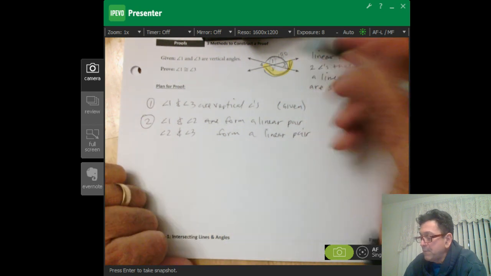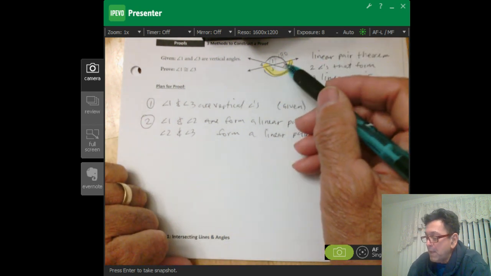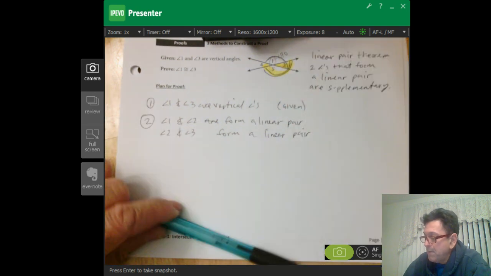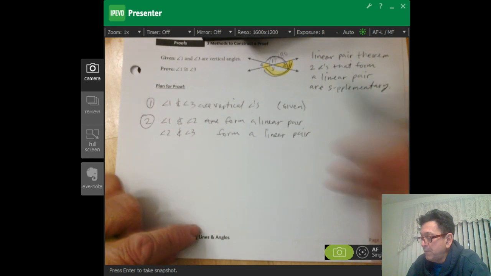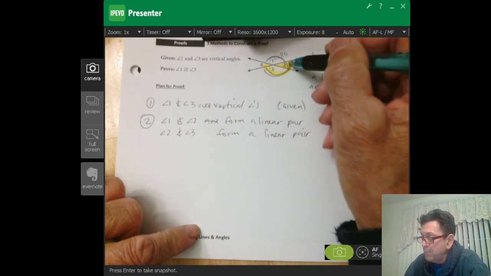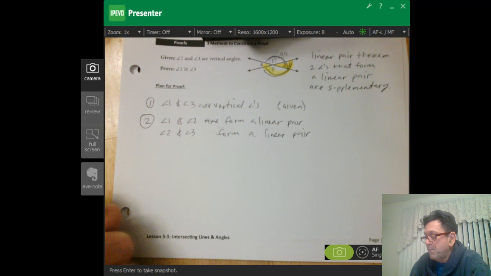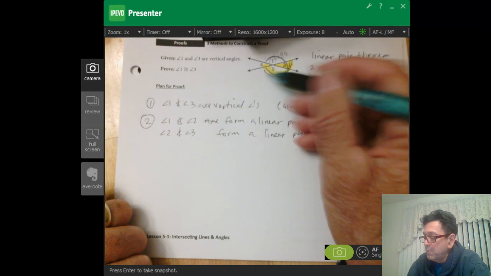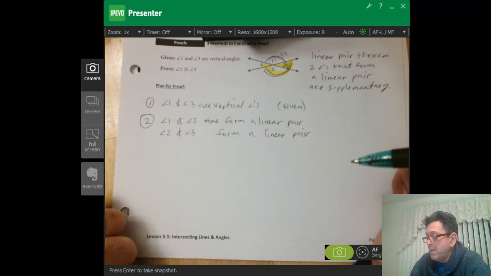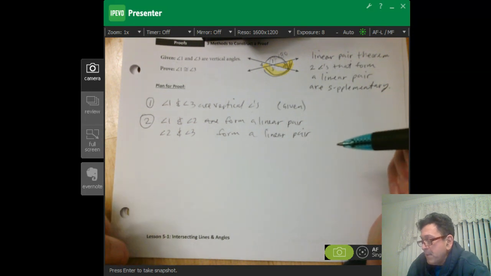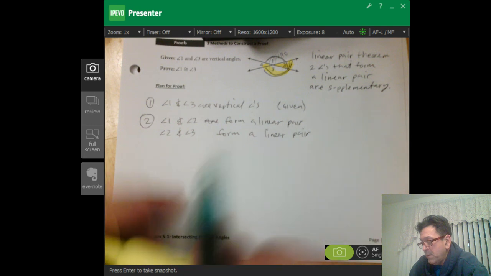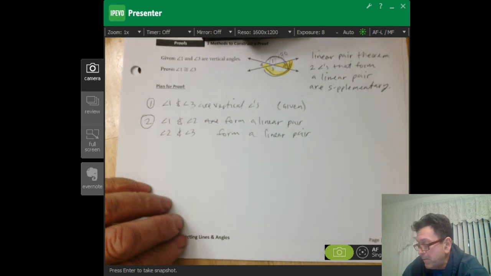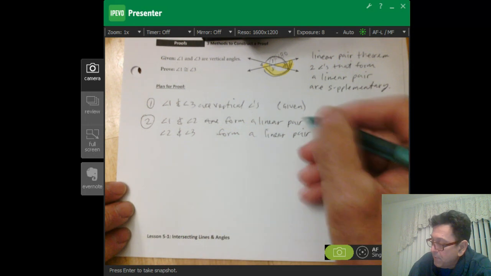And the significant part about this is that they overlap, so that angle 2 is shared by both of these linear pairs. It's in this linear pair, and it's also part of this linear pair. So we're going to use that to help us out, because whenever you have something in common, it gives you a link that helps you compare things.